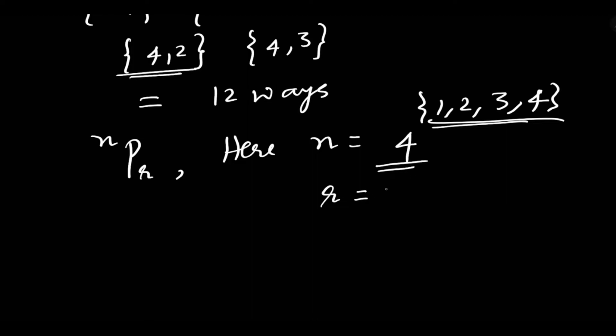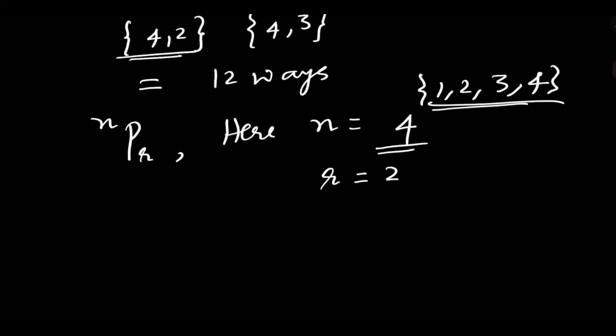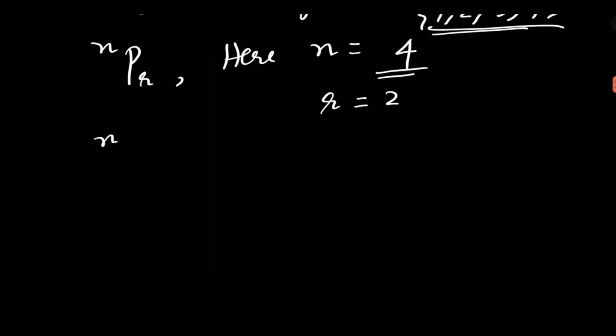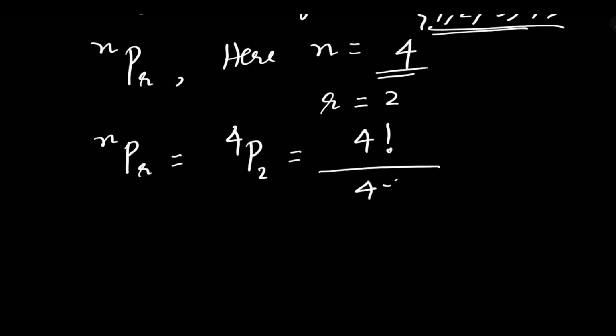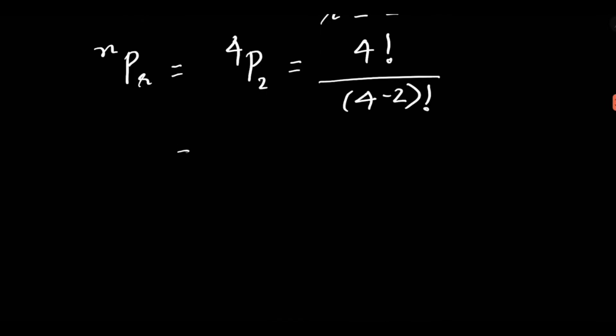You have 2. So nPr is equal to 4P2, which is equal to 4 factorial divided by 4 minus 2, the whole factorial. What is that equal to? 4 into 4 minus 1, that is 3, into 2 into 1.